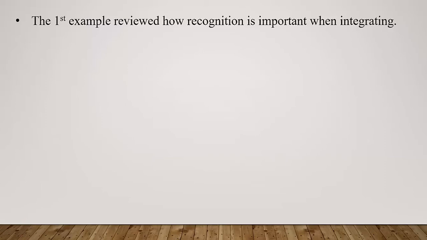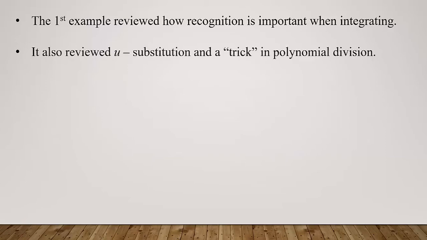Recognition is pretty important when it comes to integrating. In that first example, we also reviewed u substitution, and in part C we saw a trick, if you will, in polynomial long division.